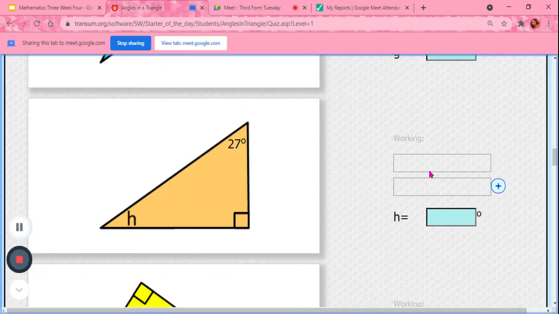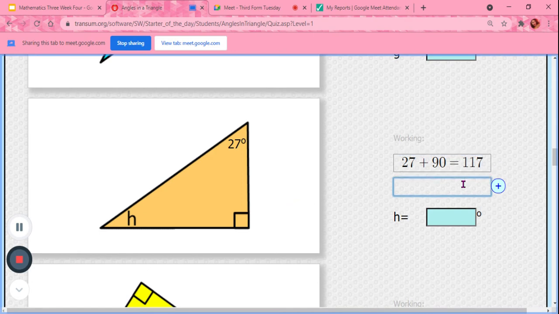I am going to take the 27 degrees. That is one magnitude. I'm going to take the right angle, and the right angle I know measures 90 degrees. And I'm going to add both of them. And this is going to give me 117.